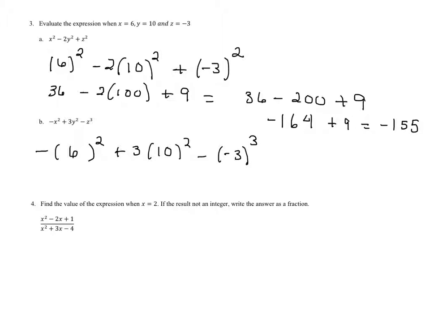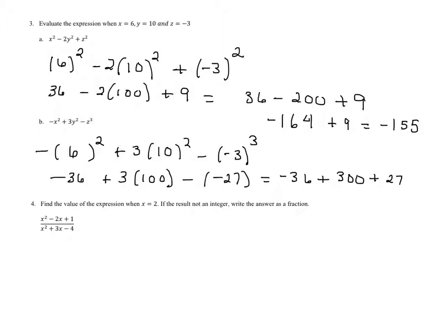Okay, 6 squared is 36, and then I'm going to negate. 10 squared is 100. Negative 3 cubed means negative 3 times negative 3 times negative 3, which is a negative 27. Now let's rewrite some of this. So it's negative 36 plus 300 plus 27.